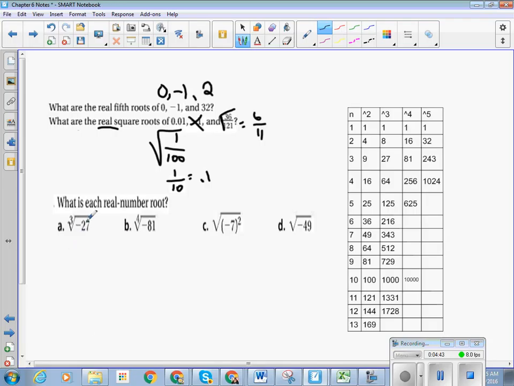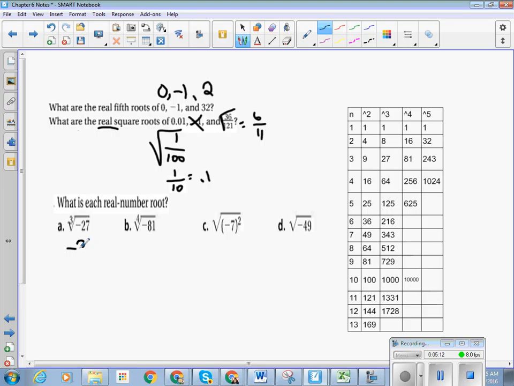Alright, so let's look at our find the real number roots. A: the cubed root of -27. So what times itself 3 times gives us -27? It's negative 3.